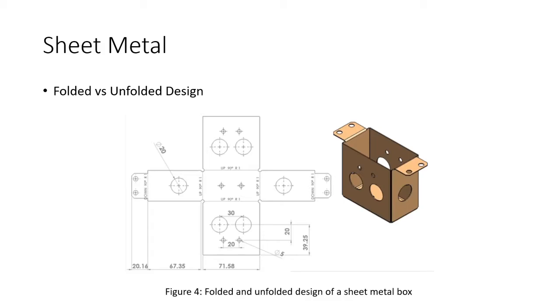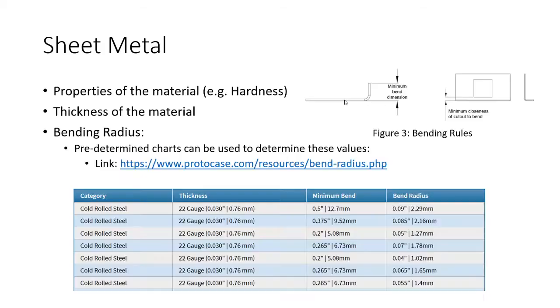Before starting with the sheet metal tools, one might be interested in knowing a few of the important factors. One is the properties of the material they're using, especially the hardness of the material. Because when you're bending, if you bend the material too much, it might break.